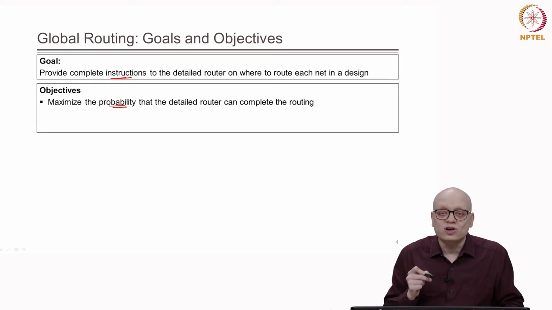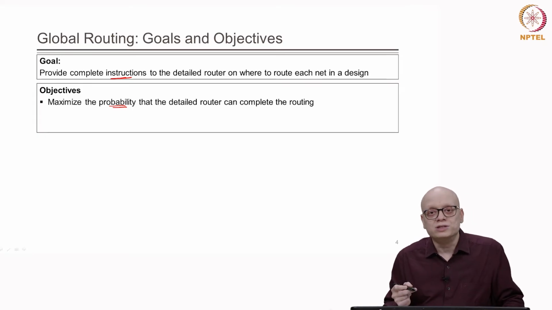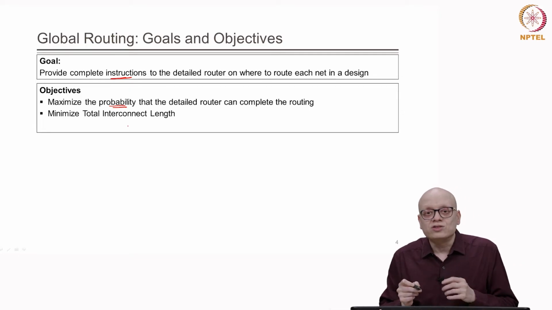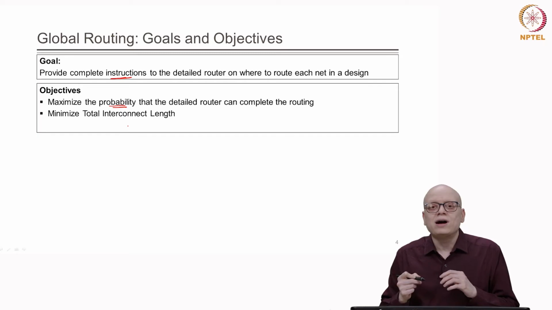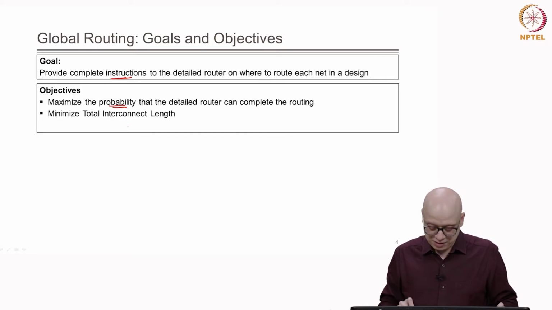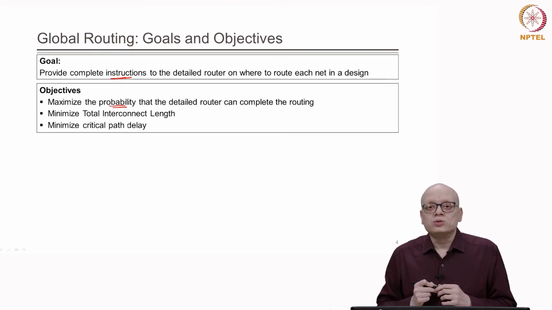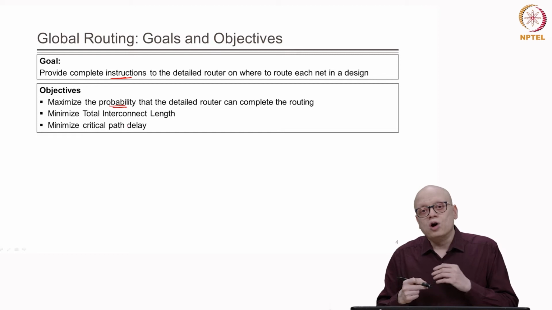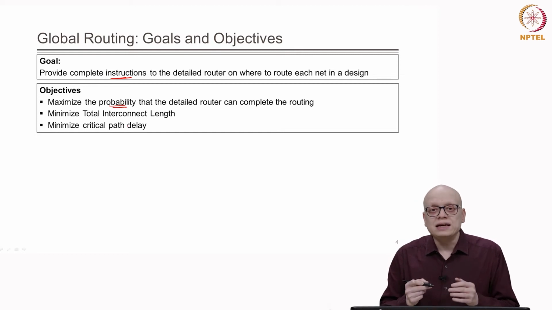That is the first and most primary objective of a global router. Additionally, it should look into the total wire length and try to minimize it, since total wire length is also a measure for routability. And then it should minimize the critical path delay, so that the maximum operable frequency of our design can go up.